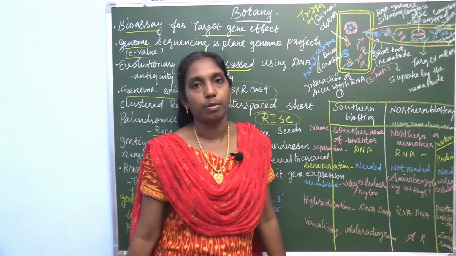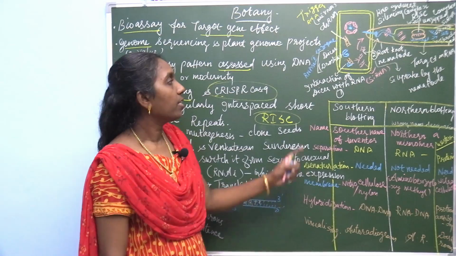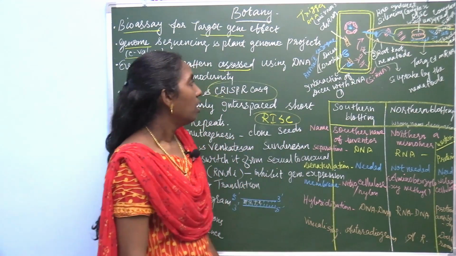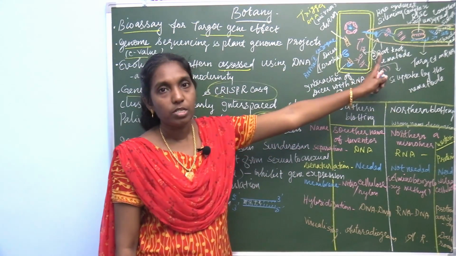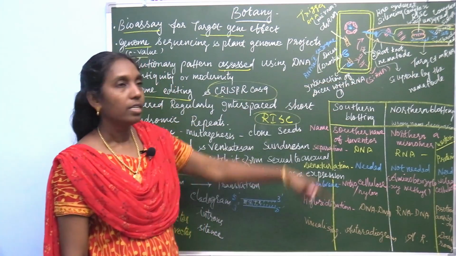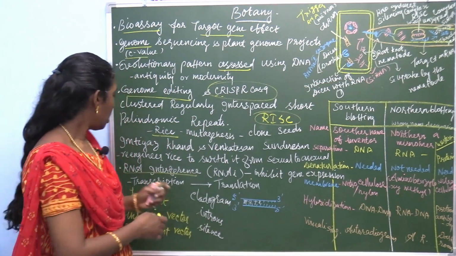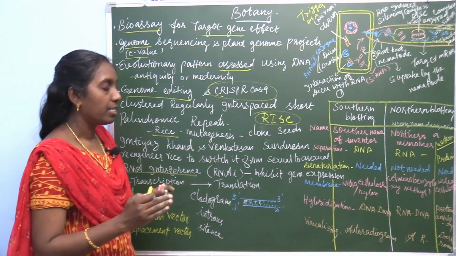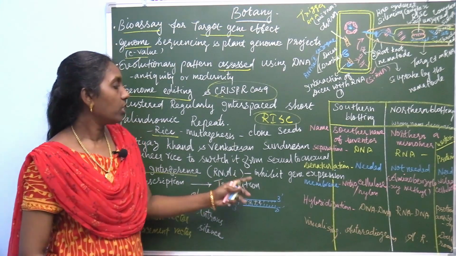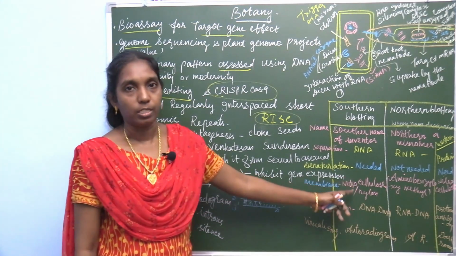This is the hybridization, and this is the second step. This process takes place in the nematodes. What is the process? RNA interference, which inhibits gene expression.